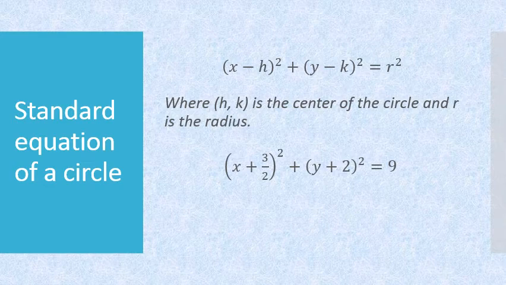So, naka-square yan. Okay, so, yung constant dito sa ating binomial factor is the value of your h, or yung x value ng center, or x coordinate ng ating center, and the k or the y value of our center, y coordinates of our center.